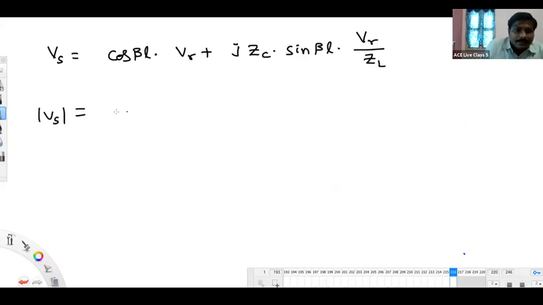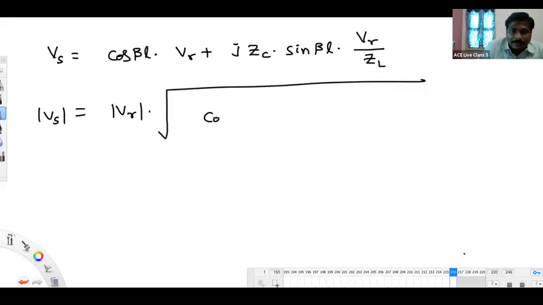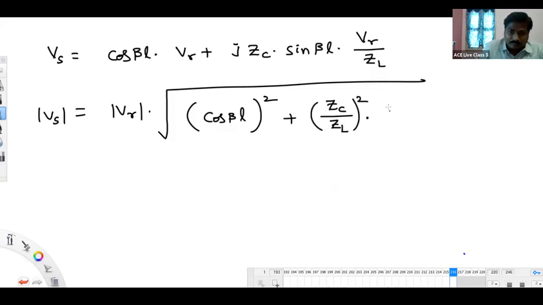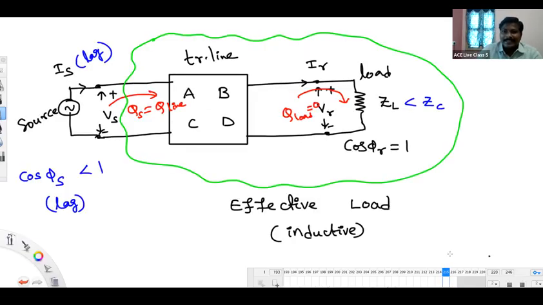You take the magnitude of the sending end voltage; it will be mod VR into the square root of cos square beta L plus (Zc by ZL) whole square into sin square beta L. Kindly check, is it correct or not? Simple.